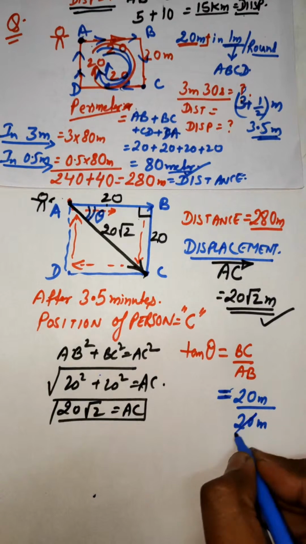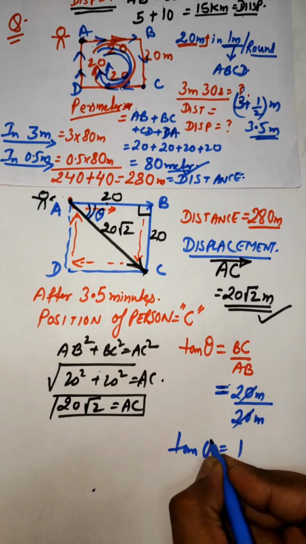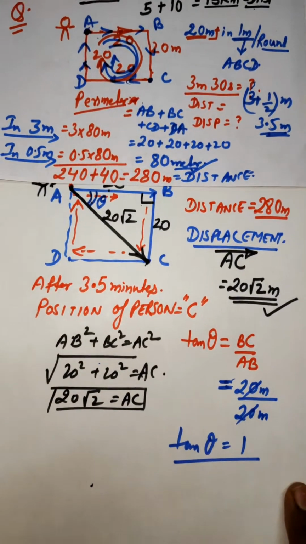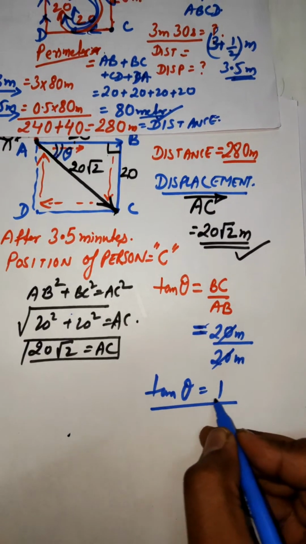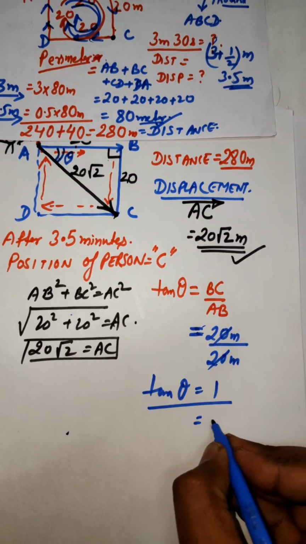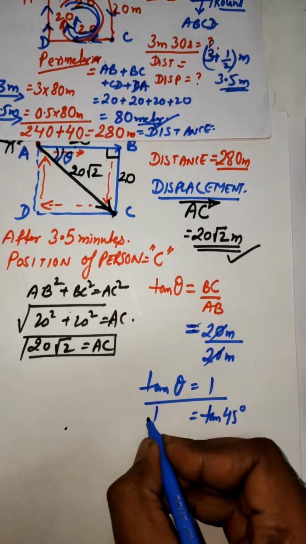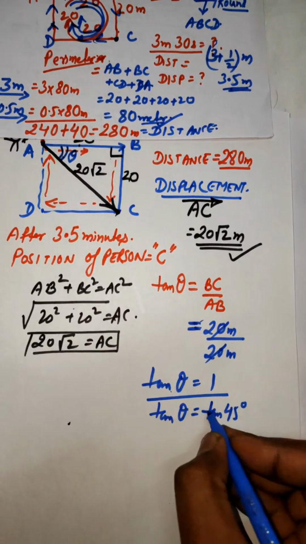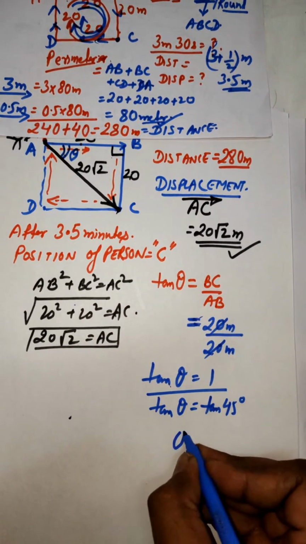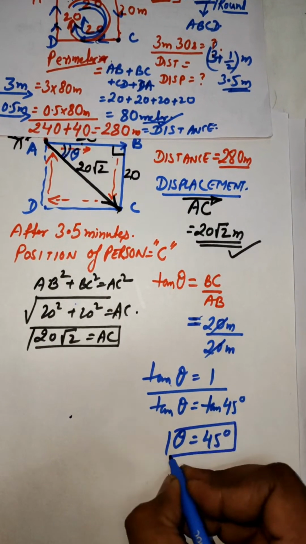So it will be cancelled out. So we are getting tan theta as 1. So if tan theta is 1, this is at tan 45 degree, right? Tan theta is 1. So we can say theta as 45 degree, right?